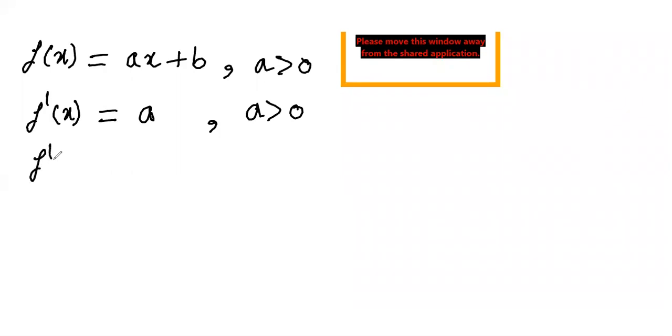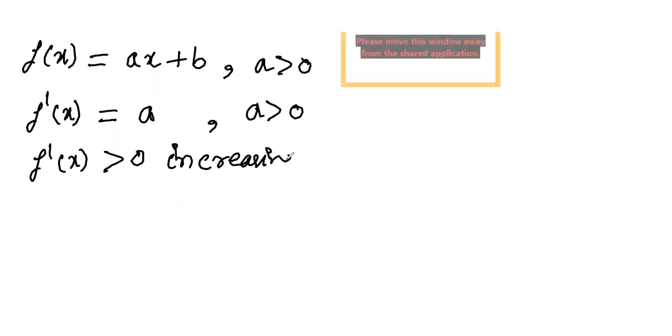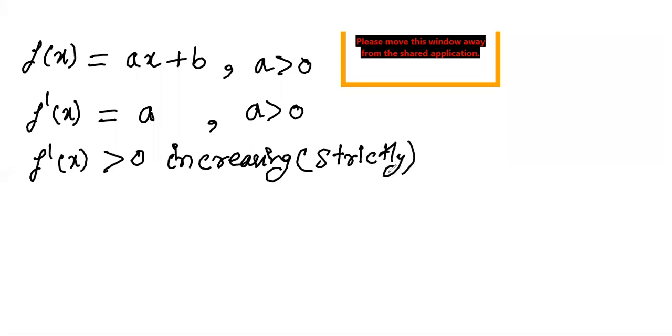It means f dash x is greater than 0. So when f dash x is greater than 0, which type of function is it? Tell me. It must be increasing. And it is only greater than 0, so it must be strictly increasing.